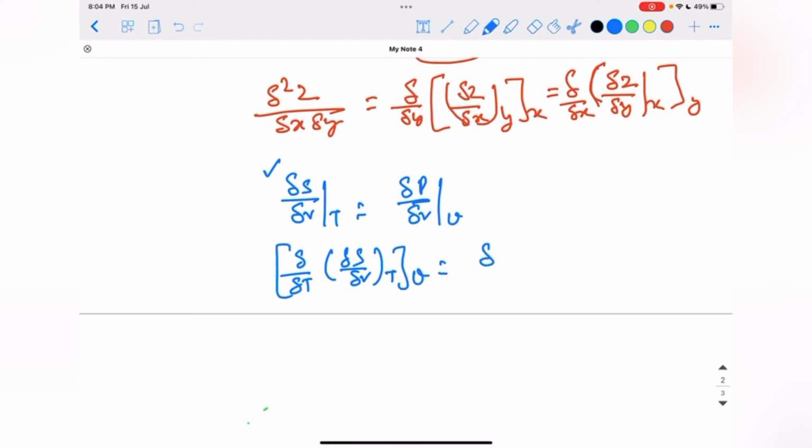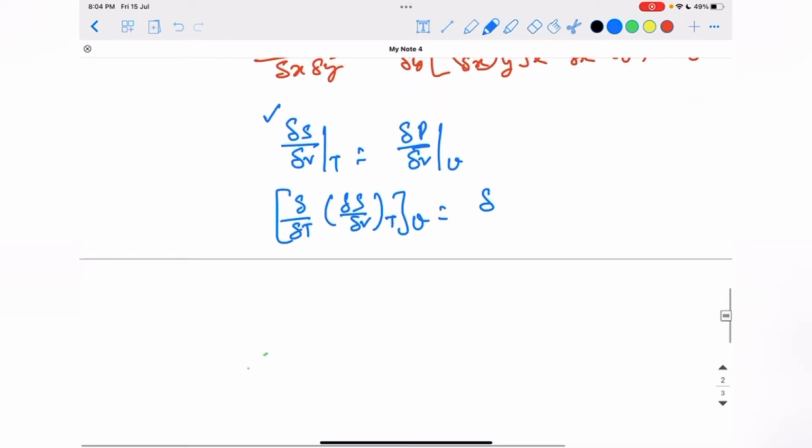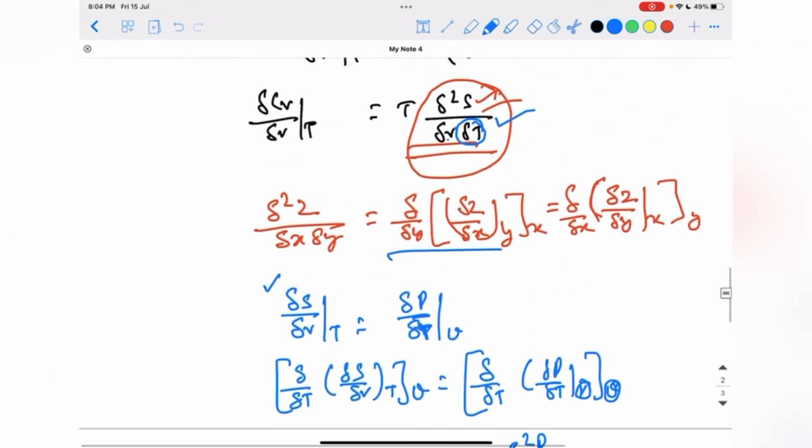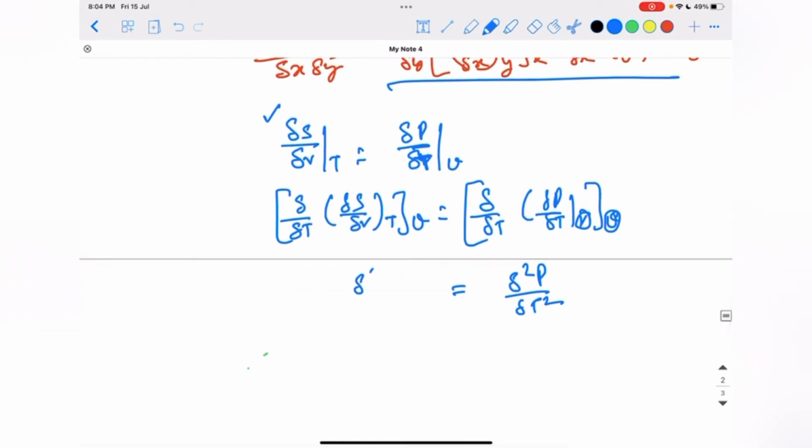The same I can do on the right hand side: ∂/∂T of ∂P/∂T at constant V. Since these are the same, I can write the right hand side as ∂²P/∂T². For the left hand side, using this notation, I can write ∂²S/∂V∂T.